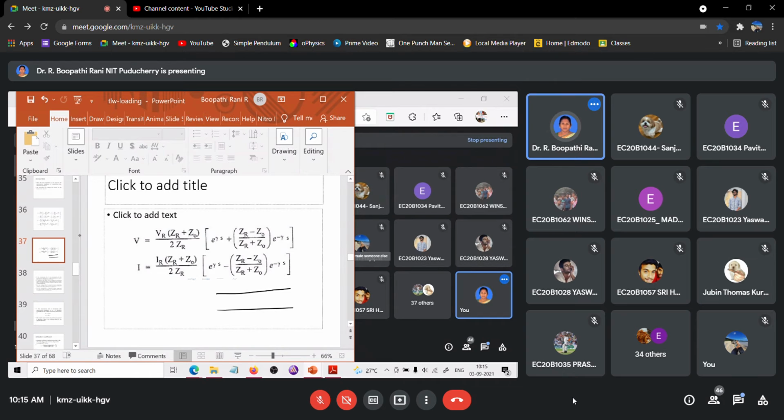The load is connected here, and s is the distance from the load to the point we consider, in case we are calculating V and I at this place. This is the distance from the receiving end to the load.